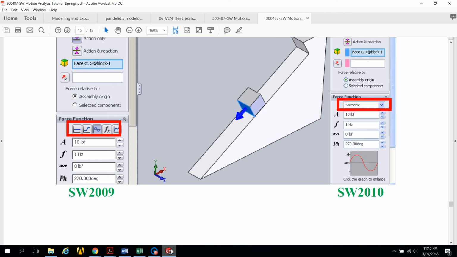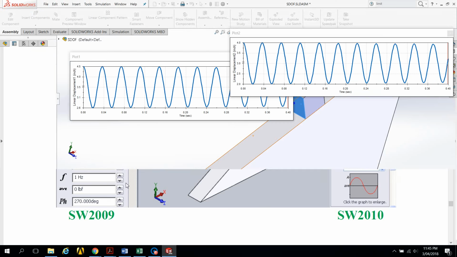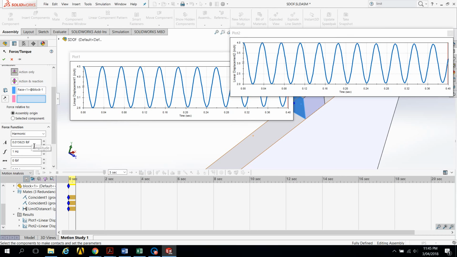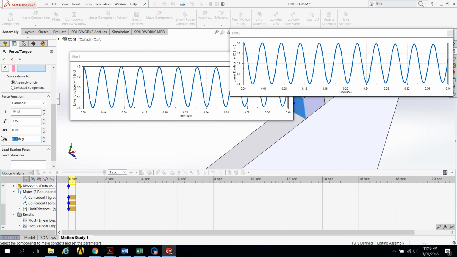Once again, force function, amplitude, average, phase. You can see it's different from one version to another. Okay, it's here, it's harmonic. Harmonic 10, 1, 0, 270.